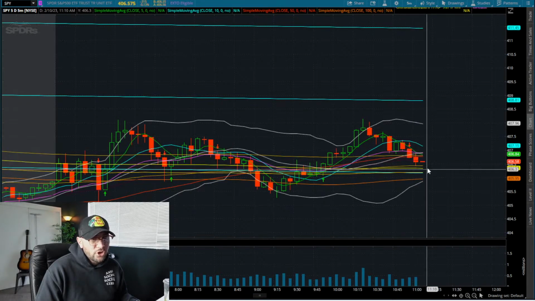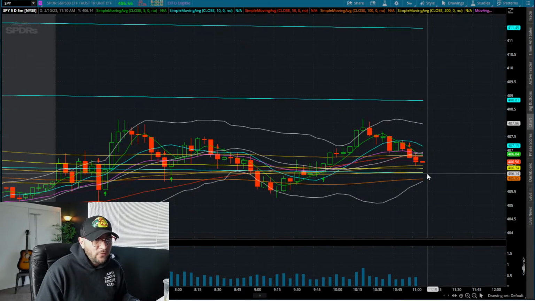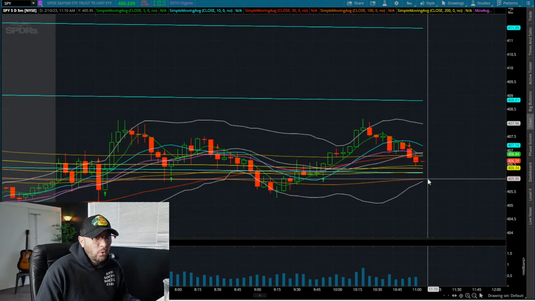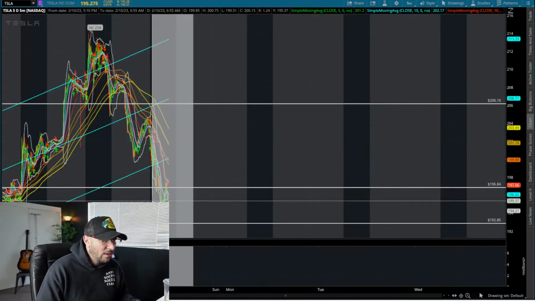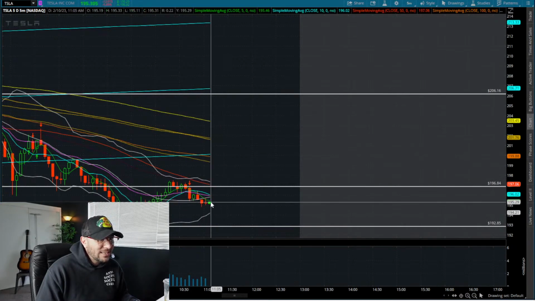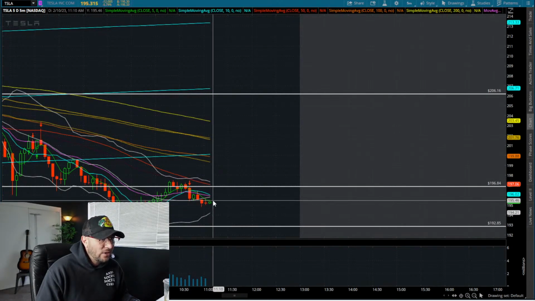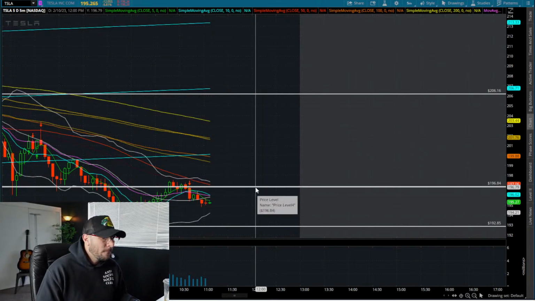If you're short in this area and you're holding for the breakthrough here, it could get a little tricky. I would wait for the 406 to break, because this is a bounce spot here on the SPY. So if that is correct on Tesla here, I would be looking to get out on this candle if we do close over the 5 SMA.